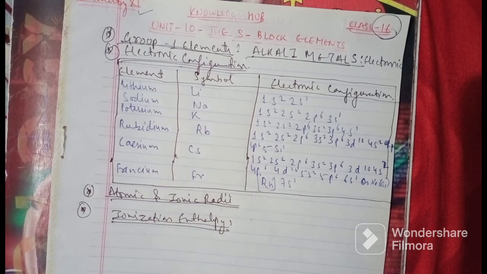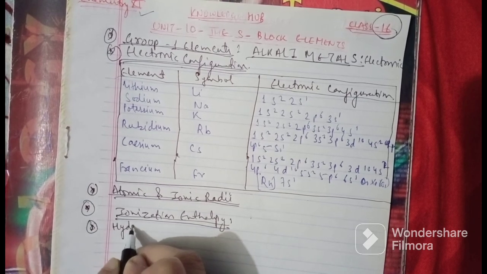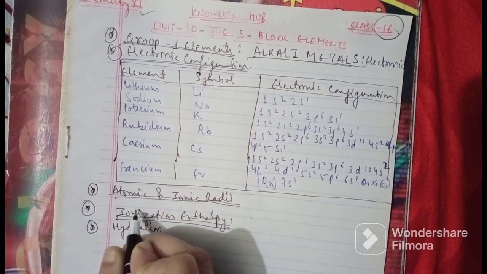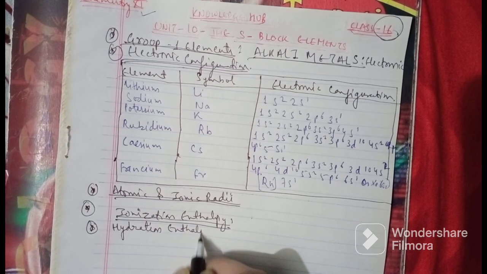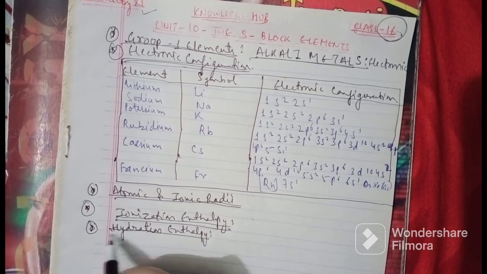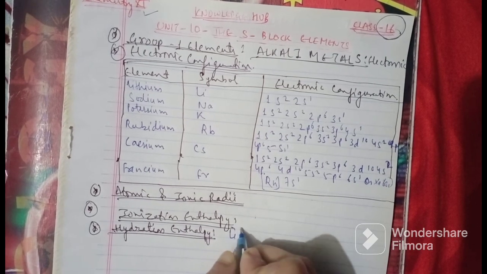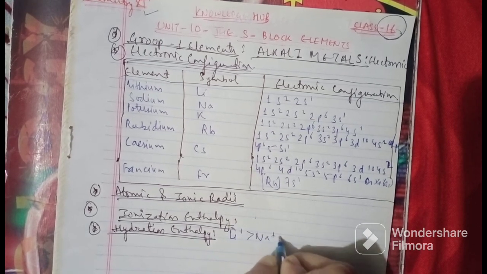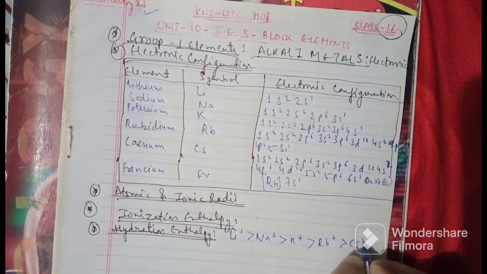Now we go for another one, which is hydration enthalpy. The hydration enthalpies of alkali metal ions decrease with increase in ionic size, and that we have Li+ greater than Na+, K+, Rb+, and Cs+.